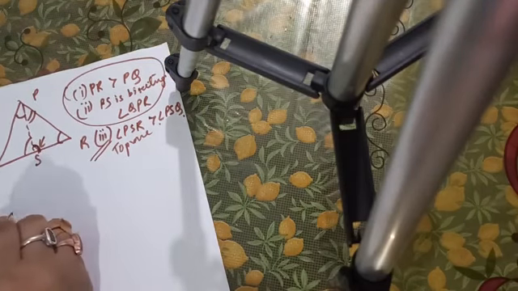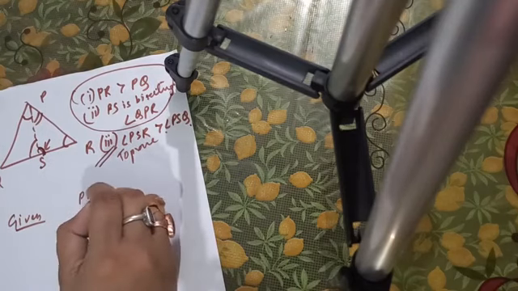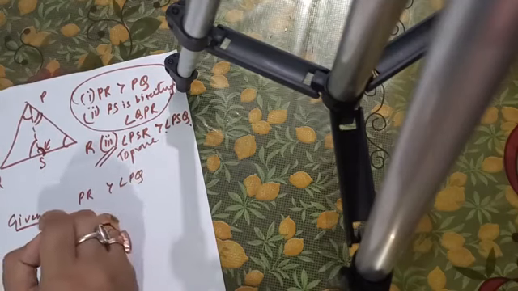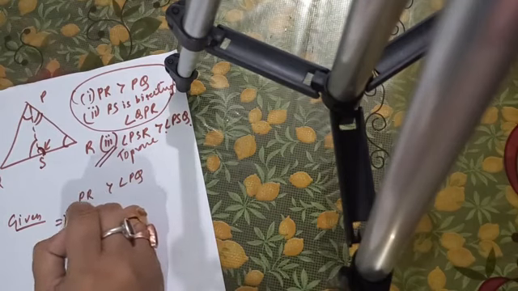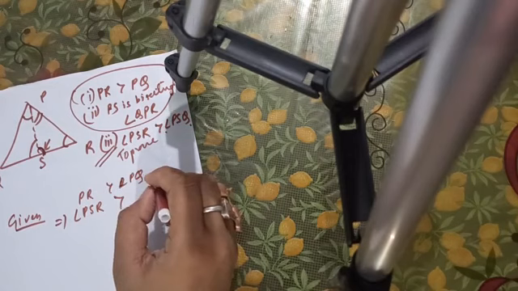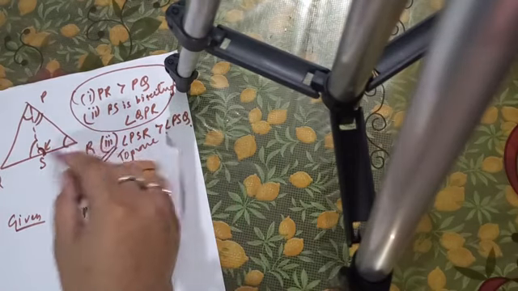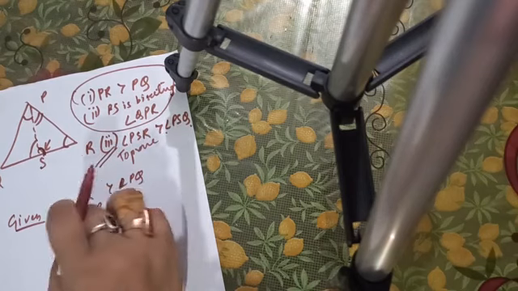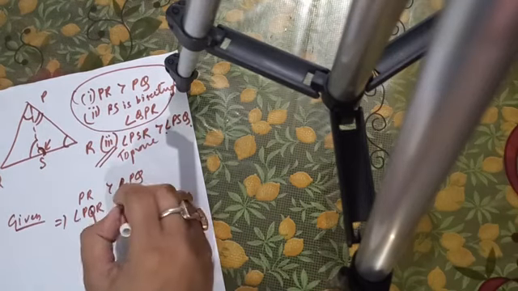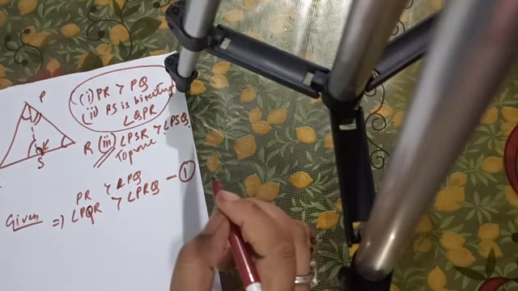Okay, so here it is given that the side PR is greater than PQ. So the angle opposite PR, angle PQR, is greater than the angle opposite PQ, PRQ. Let me mark this as equation number 1.